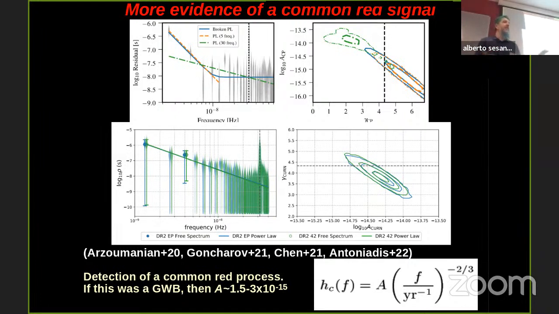So far, the state of the art is really that we don't know whether this is real or not, okay? All the collaborations are investigating the nature of the signal that we're seeing. Of course, we all hope that it's going to be a signal from a massive black hole binary population, but really, I'm not hiding anything. It has weird properties, and we don't really understand what this low frequency signal is, okay?